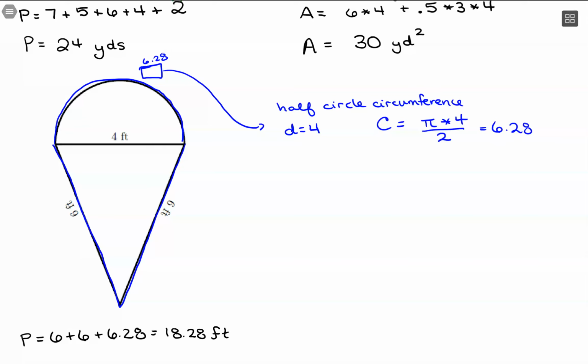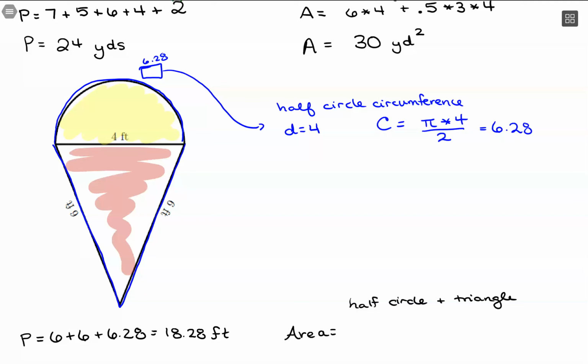So that'll do perimeter. Now area I want to calculate with, we're going to take the area of the half circle plus the area of this triangle here. So half circle plus triangle.